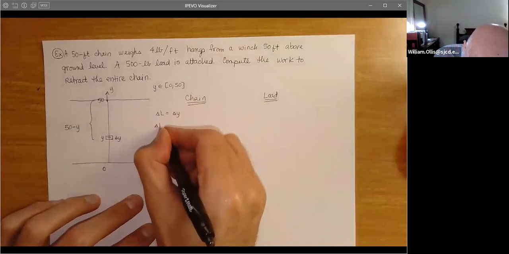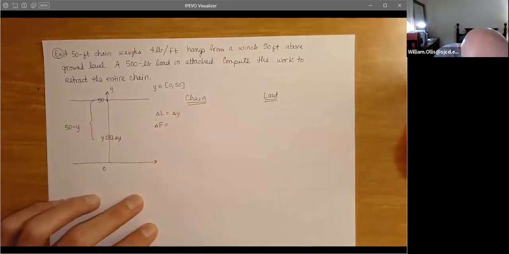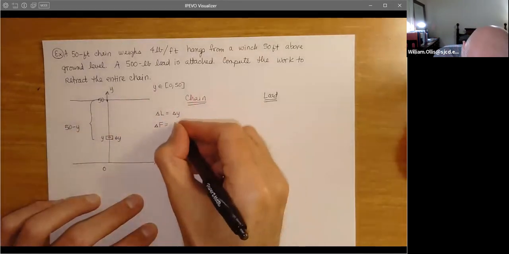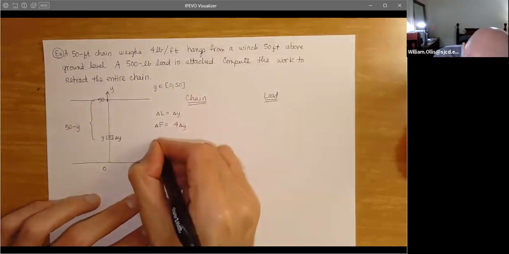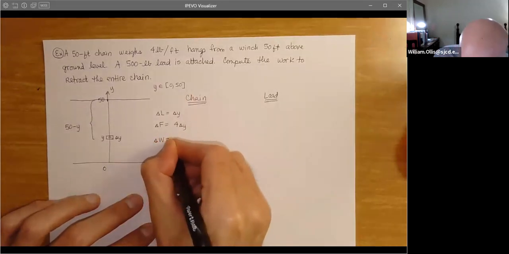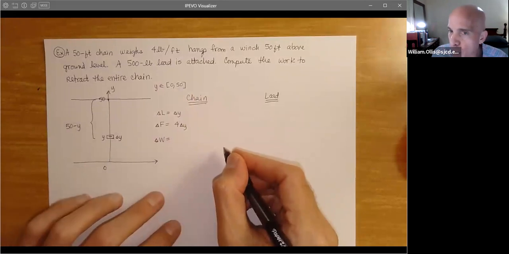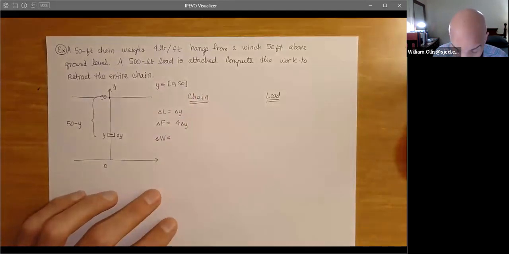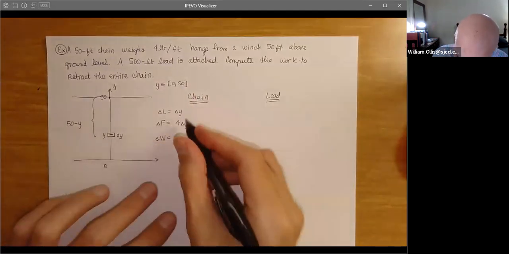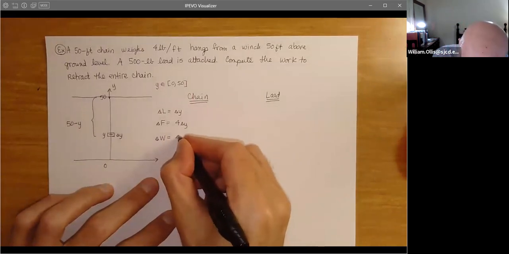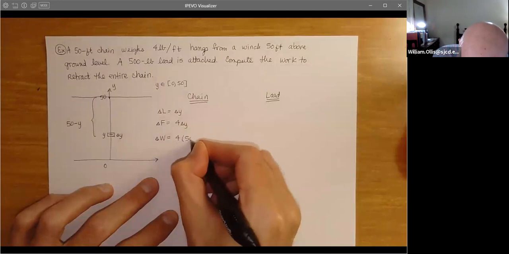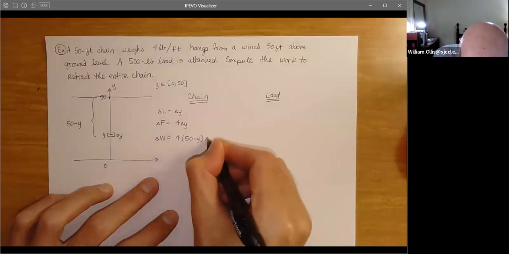And then the force will be 4 pounds per foot times the delta y. This is so simple compared to what we were doing, but it's important. And so we move this a distance 50 minus y. So in this case, we have 4 times 50 minus y delta y.